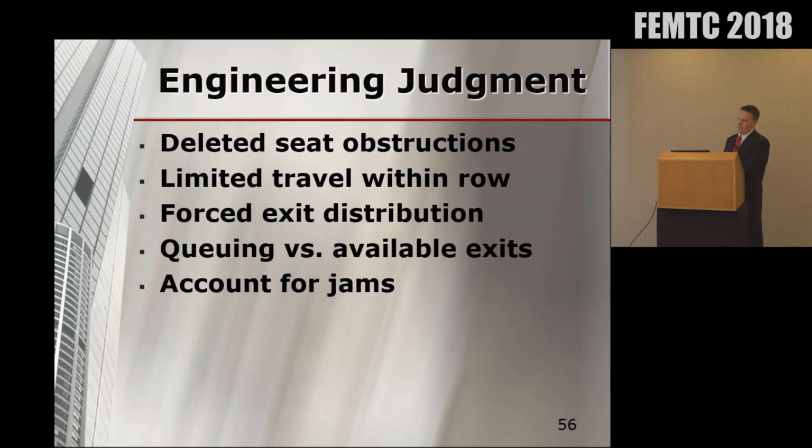So we're able to validate the results by using engineering judgment to justify deleting some seats, limiting the travel within the row, again dividing to force occupants to their nearest aisle rather than traveling through the row to the nearest exit. We forced use of certain exits, and we've accounted for jams.